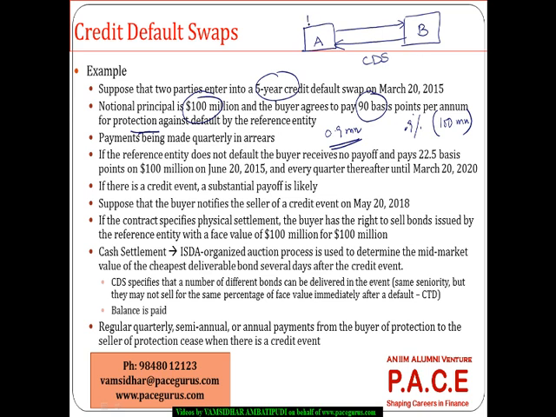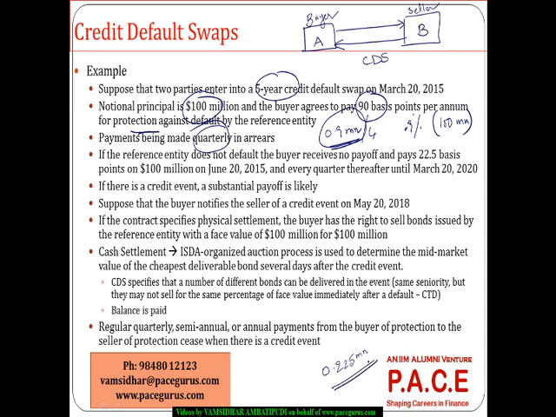Let's say A is the CDS buyer, the protection buyer, and B is the protection seller. For the whole 5-year period, on a quarterly basis, the buyer will be paying a premium to the seller. Now this 90 basis points is per year, so 0.9 million is per year. Because I am paying quarterly, it is 0.225 million per quarter.